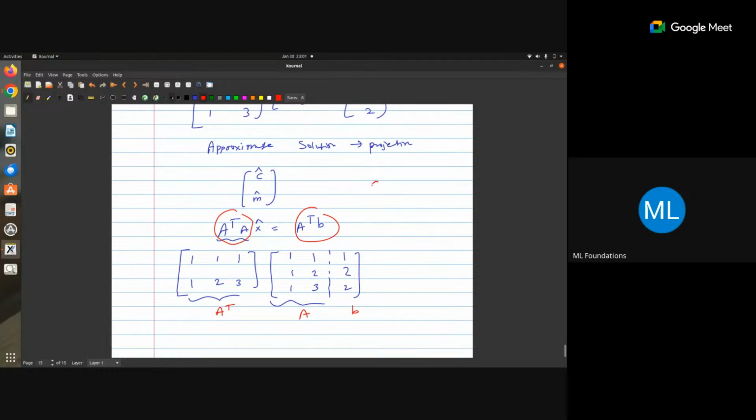Basically, solving it as C x hat equal to some D, right? And what is C? C is A transpose A, and what is D? A transpose B, right? And how will you solve this C x hat equal to D? Just by looking at the ranks of C augmented D, right? So maybe D is like that, because it is a vector, right? I hope it's clear.